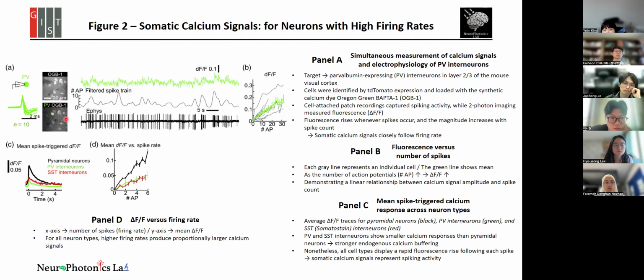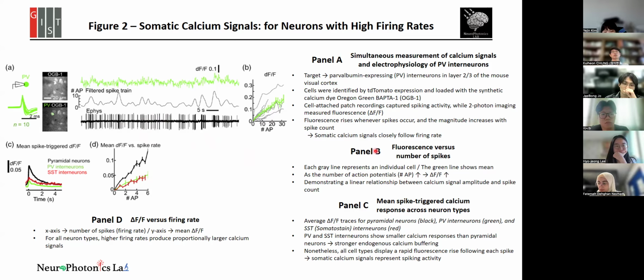Here you can see the PV interneuron stained with tdTomato, and cell-attached patch recording captured spiking activity while two-photon imaging measured fluorescence. Fluorescence rises whenever spikes occur, and the magnitude increases with spike count. So somatic calcium signals closely follow the firing rate.